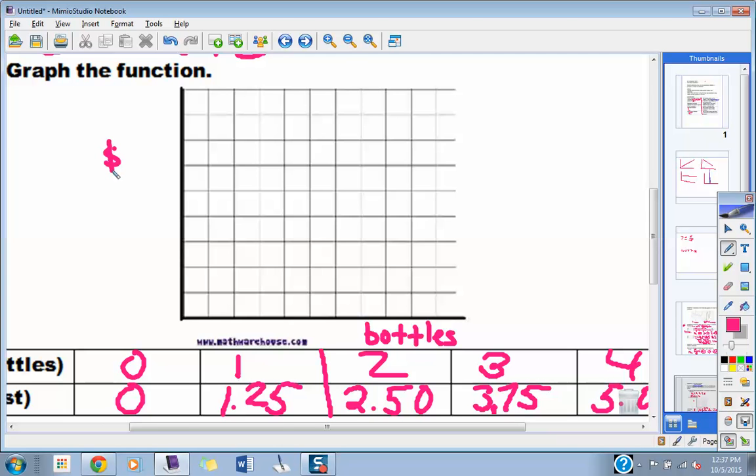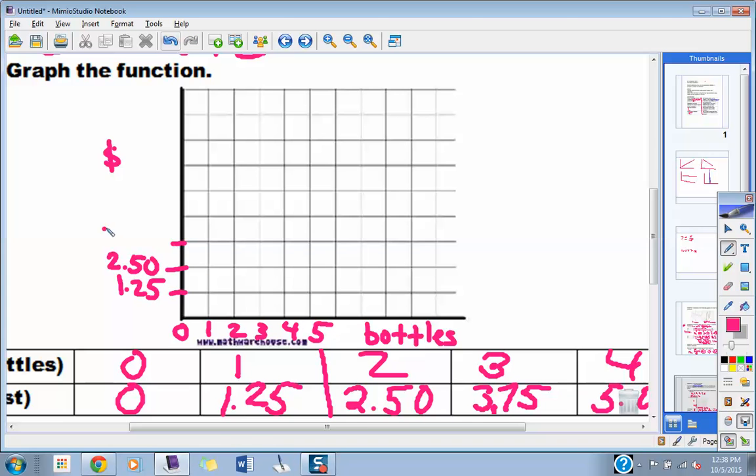All right? So I'm going to label this 0, 1, 2, 3, 4, 5, like that. And then each cost, I'll go by $1.25 because that's what each one costs. So I'm going up this way. This is 1.25. Next one will be 2.50.